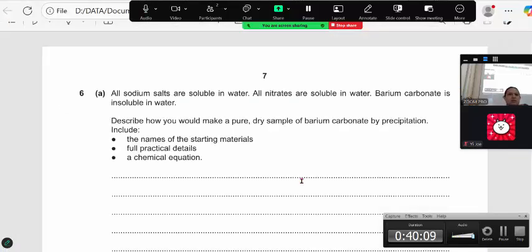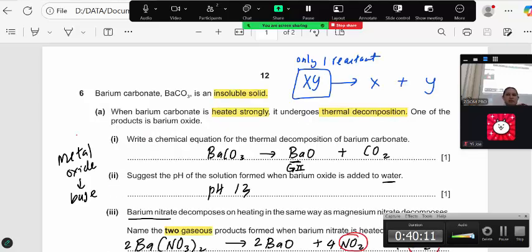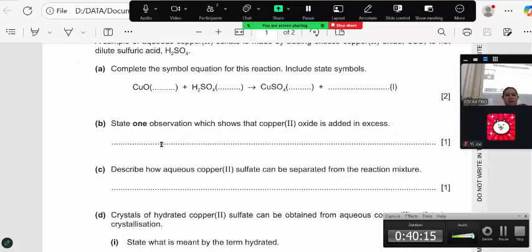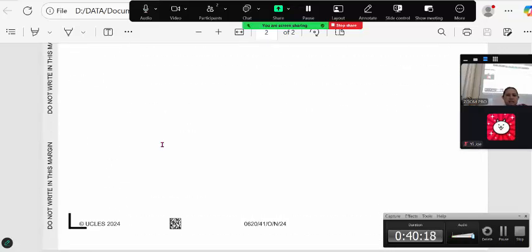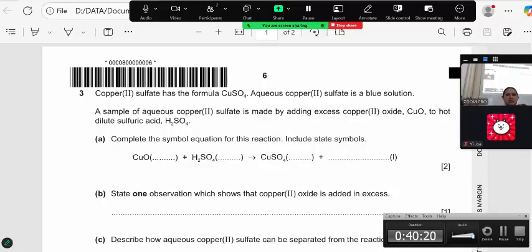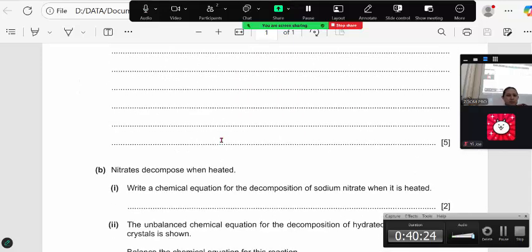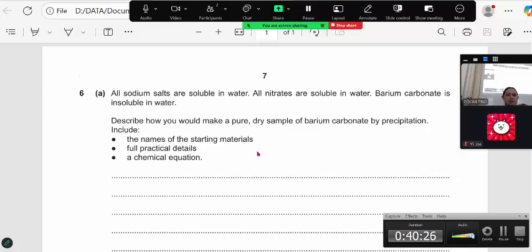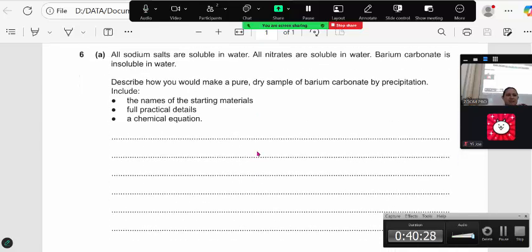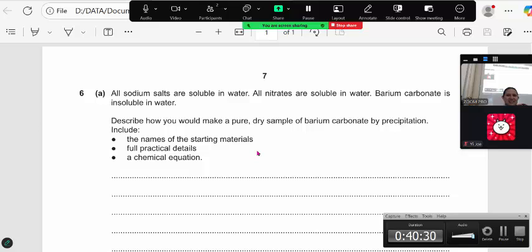We still have these two. We have this paper, haven't done, and this paper, haven't done. Do you think you guys can do it as homework? These two, this one and this one.